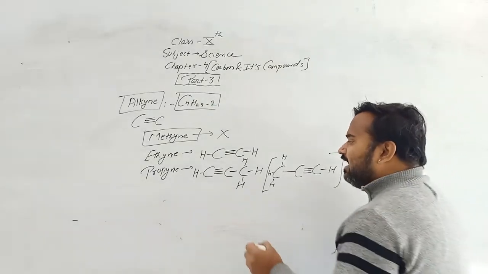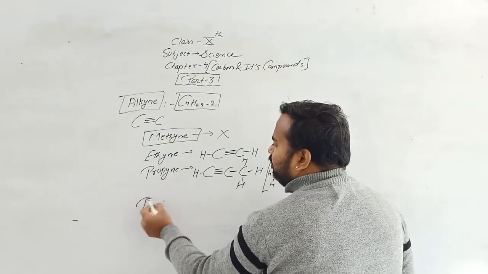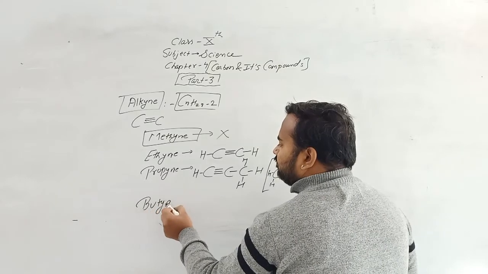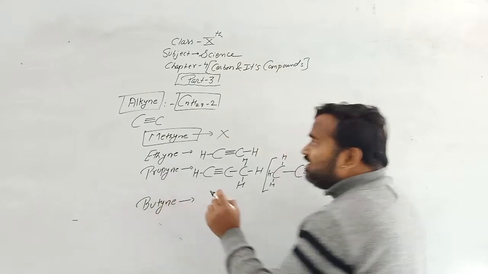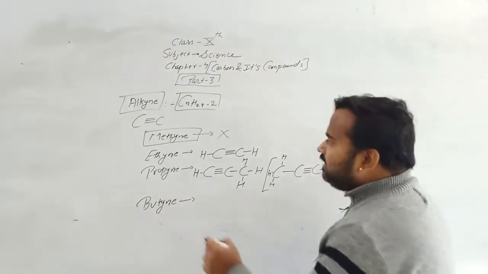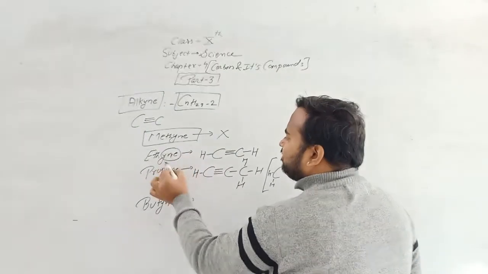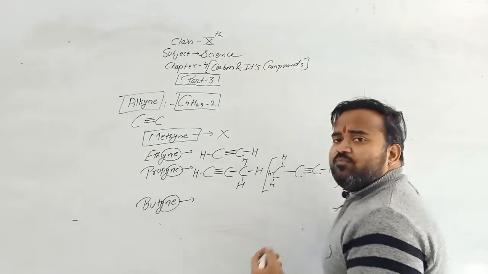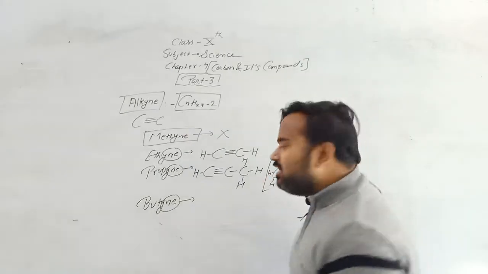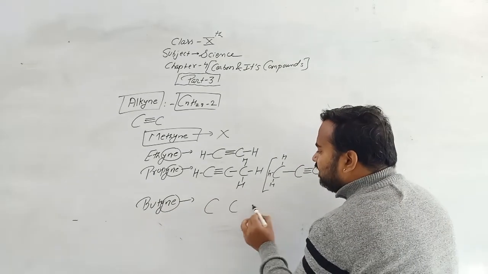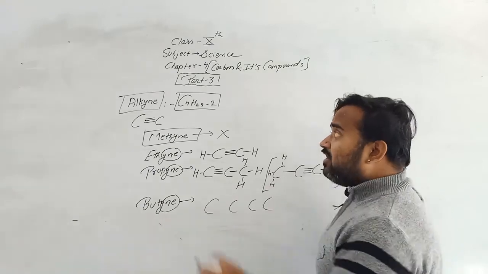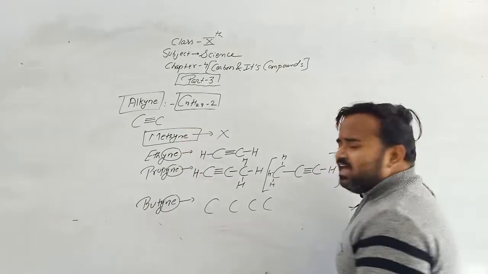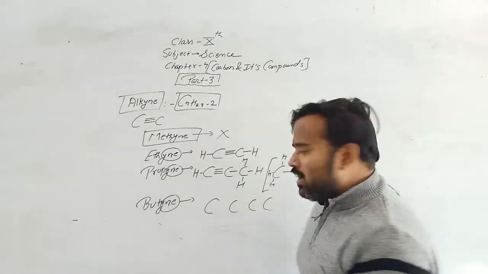Similarly, we can have the structure of butyne. Whenever we are writing the alkyne family, there is a suffix YNE. So in the case of butyne, there are 4 carbon atoms: methane, ethane, propane, butane. But since we are drawing for alkyne, we can have a triple bond between any two carbon atoms.